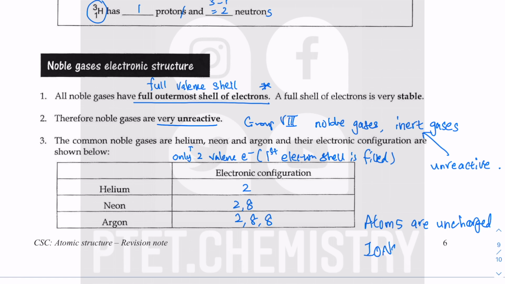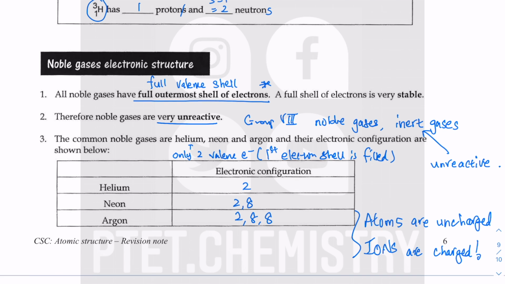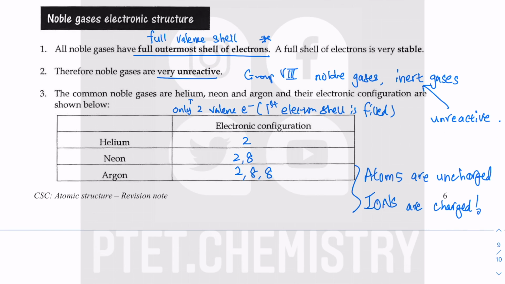Ions, I-O-N-S, are charged. We'll touch more on ions in the next lecture tutorials, and it'll be more obvious when we cover a few more examples. So that's it for this last bit of lecture tutorials on atomic structure, and we'll deal with ions in the next topic on chemical structure and bonding.